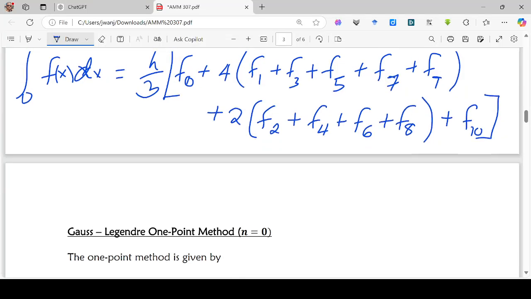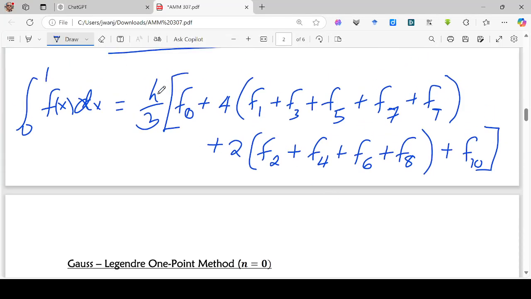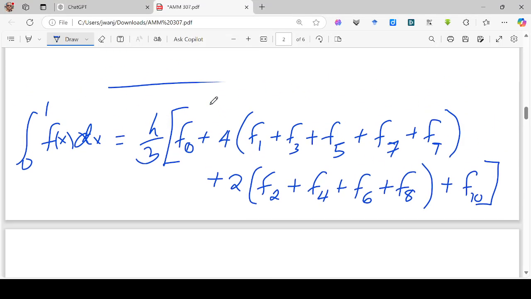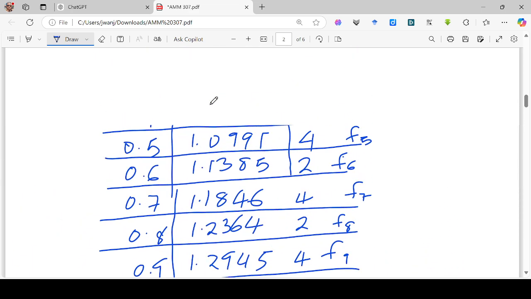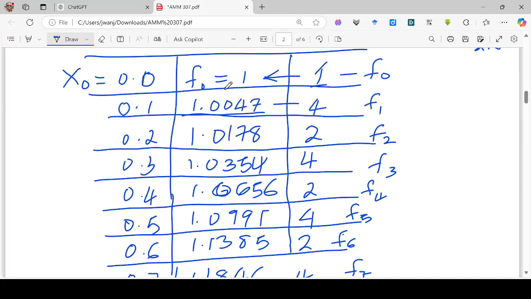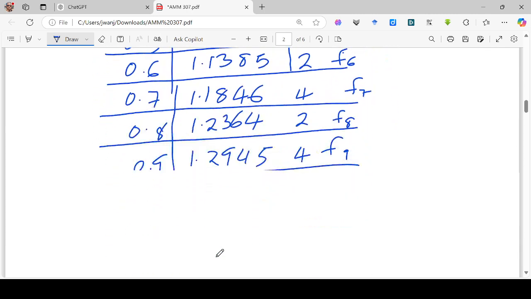So in this case, we write h divided by 3, then we substitute the value of f0 as 1. F1 is 1.0047, F3 is this, F5, F7, and so on.